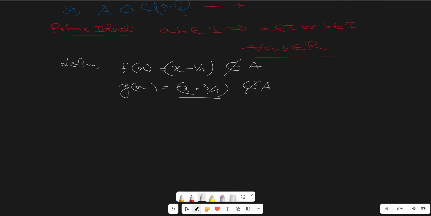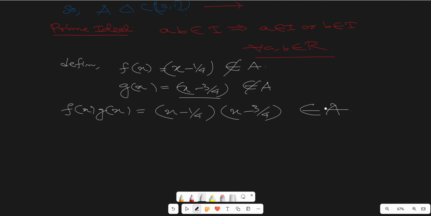Because f is vanishing at 1/4 but it is not vanishing at 3/4. Similarly, g is vanishing at 3/4, meaning at 3/4 this is 0, and g is not vanishing at 1/4. So this is not in A, this is not in A. Okay, so what is f(x)g(x)? It is (x minus 1/4)(x minus 3/4), which is clearly in A, isn't it?